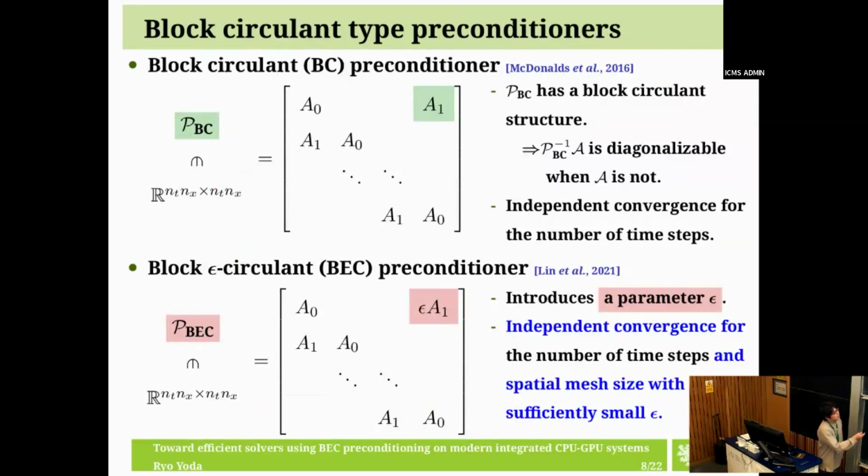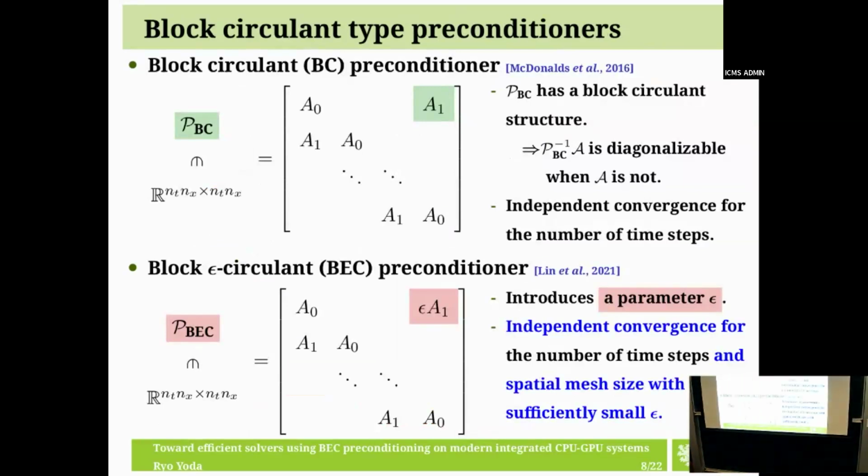Okay, then focusing on the block temporal structure, firstly, block circulant preconditioners are considered, with the preconditioner P_BC, introducing the left top block. These matrices have block circulant structures, and this property leads to a very good convergence analysis because the preconditioned system is diagonalizable when the original system is not.